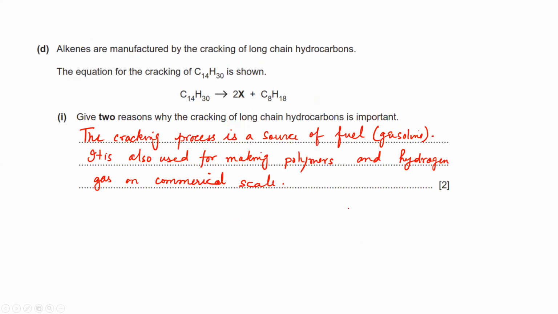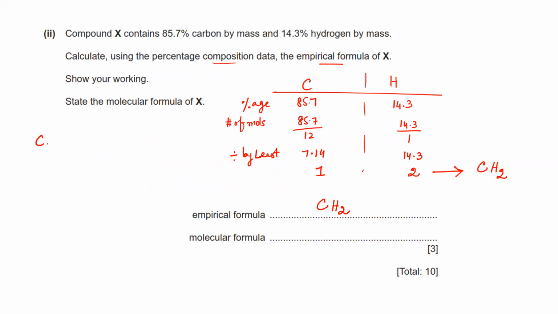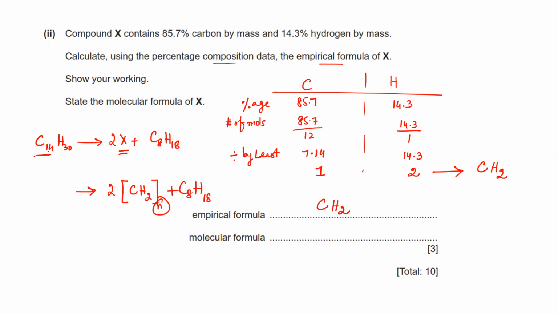And now if we look at this equation, C14H30 gives 2X plus C8H18. So X will be CH2 or any multiple, so you have to multiply by n with it, plus C8H18. So balance the number of carbon atoms first.